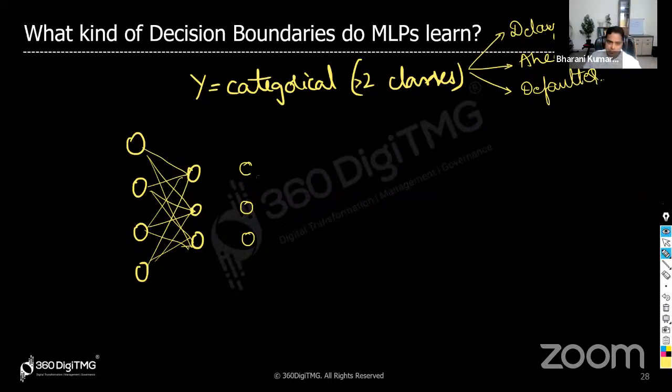In this case, sigmoid doesn't make sense because sigmoid will give you the values in the range of 0 to 1. Okay, and sigmoid is used when you have 2 classes, because when you get values in the range of 0 to 1, they are like probabilities, hence.